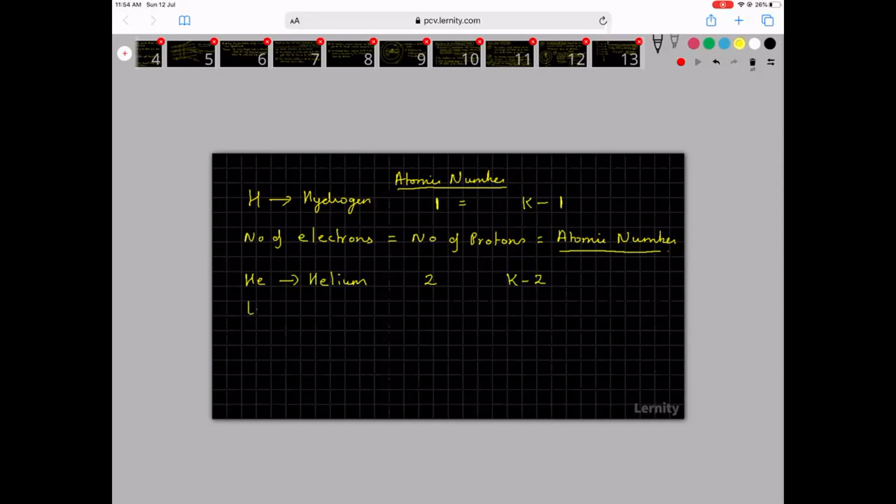Next, lithium. Your mobile batteries are made up of lithium. So 3. Now in the K shell, the maximum is 2 electrons. So 2 will go there. The third one will go to the L shell. Then beryllium. These are the symbols of the elements.